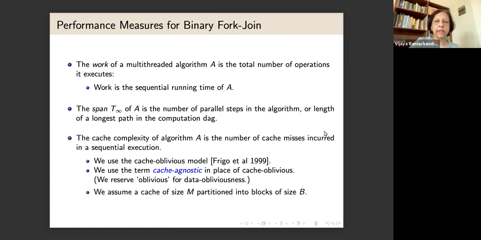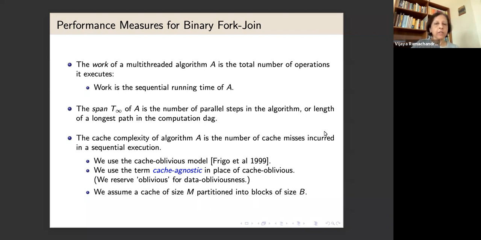We also consider caching complexity. The caching cost is going to be the number of cache misses incurred in a sequential execution, as is commonly used in this framework. That's because the parallel caching complexity will depend on the scheduler used, and the sequential caching complexity can then be translated into good bounds for several well-known schedulers, such as randomized work stealing.